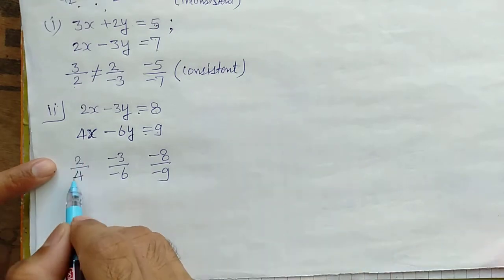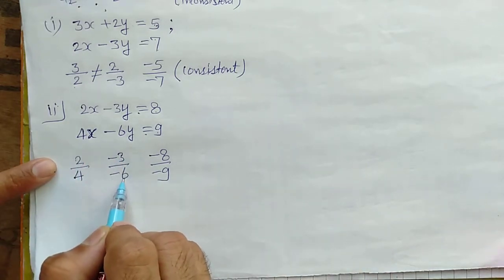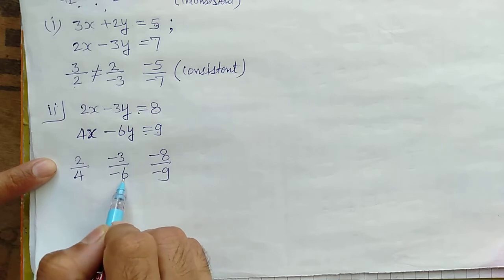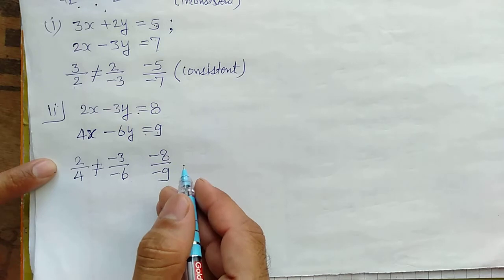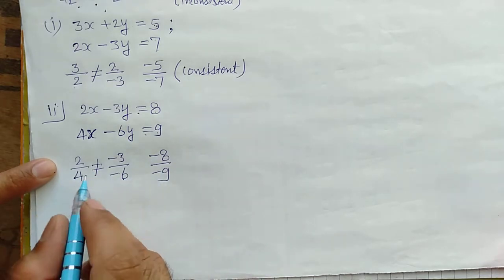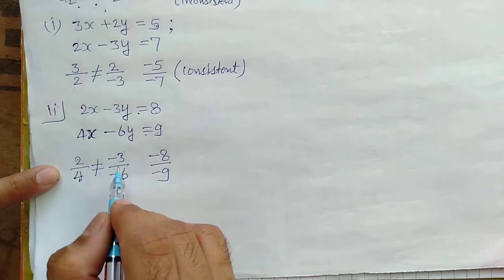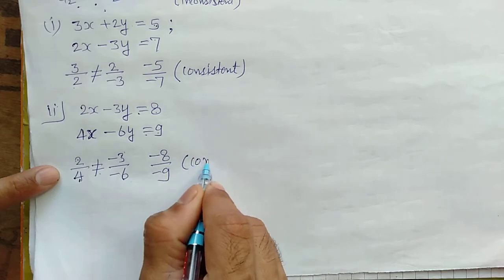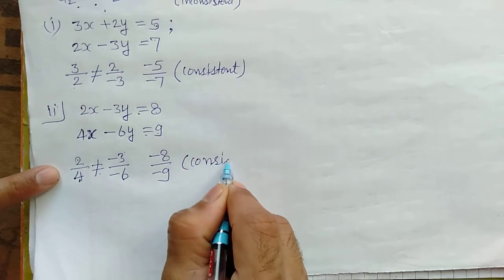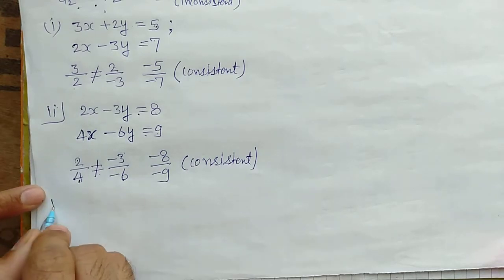Now see, is 2 upon 4 equal to 3 upon 6 or not? No, these are not equal. So no need to look at the others. If these are not equal, it means they are the intersecting type. A1 upon A2 is not equal to B1 upon B2. It means they are intersecting type. Intersecting means consistent. Consistent. Done.